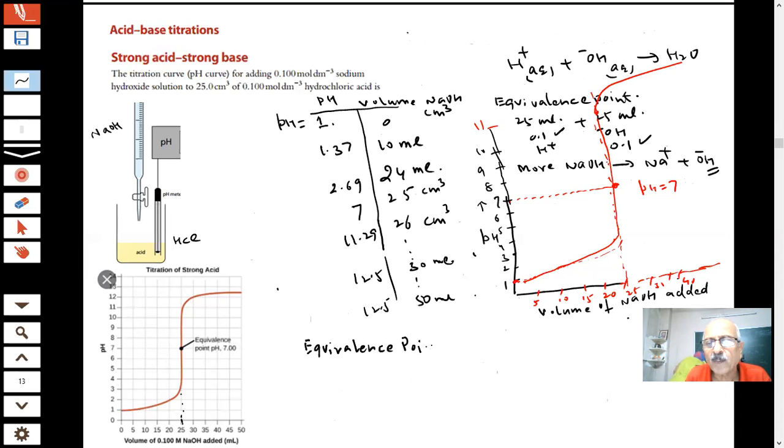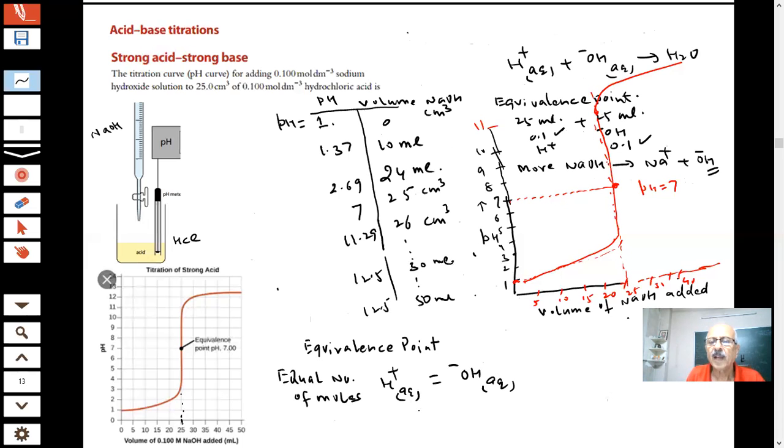At the equivalence point, you have an equal number of moles of H plus equal to OH minus, aqueous, right?